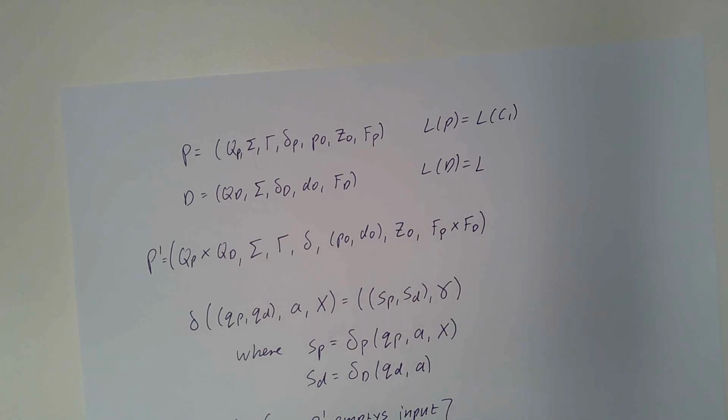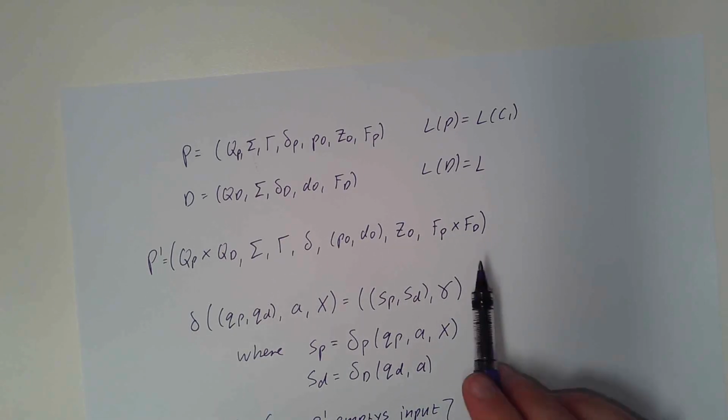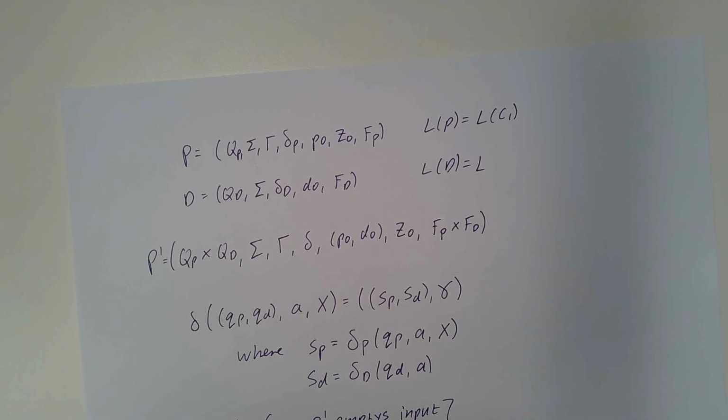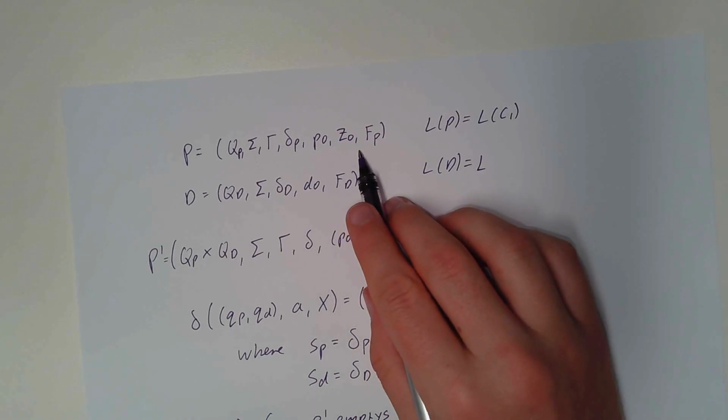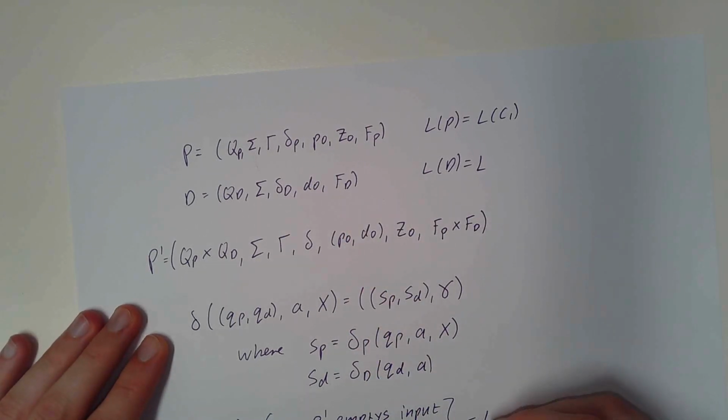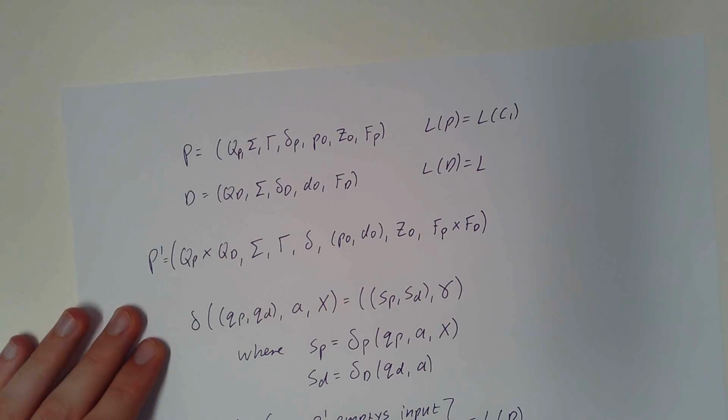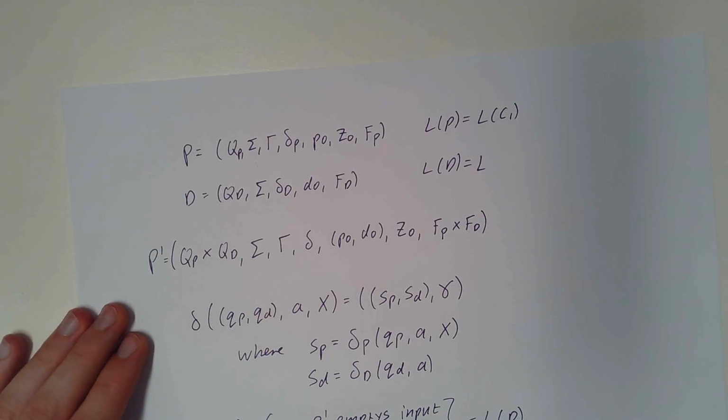Well, what are the final states of this machine? The final states are going to be FP cross FD. And when do you land in a final state of this machine? Well, when you're in the language of P, right? And when do you land in a final state of D?